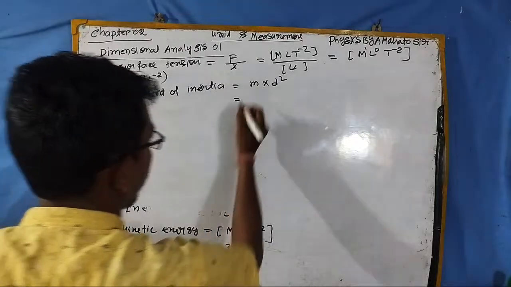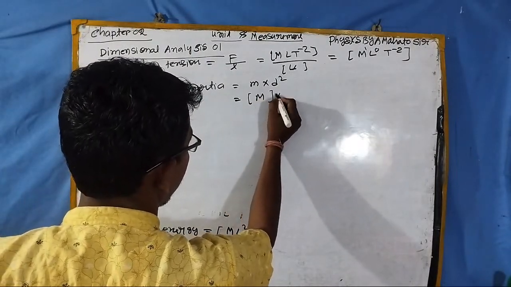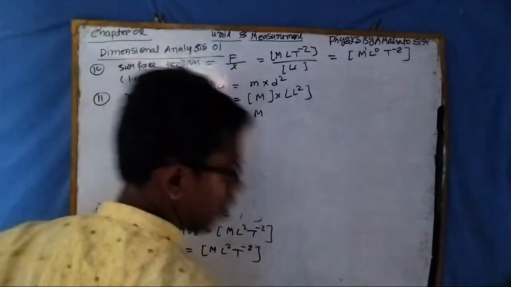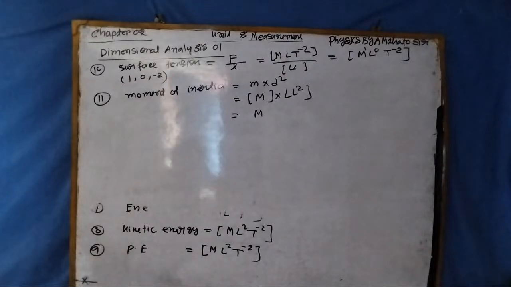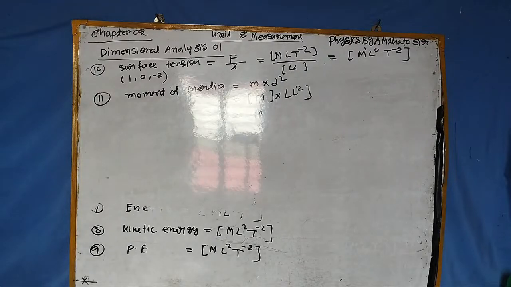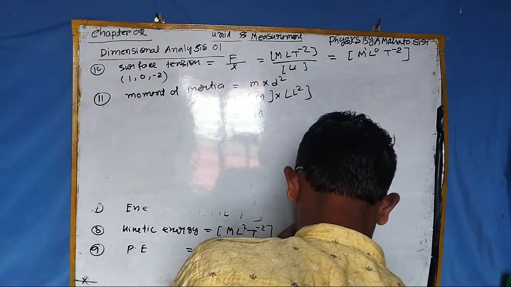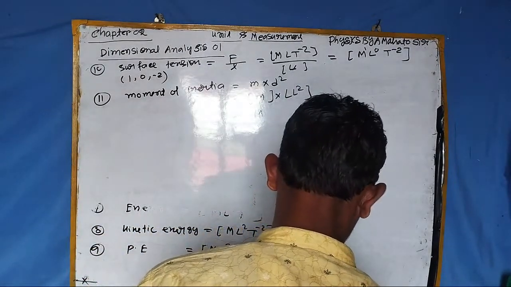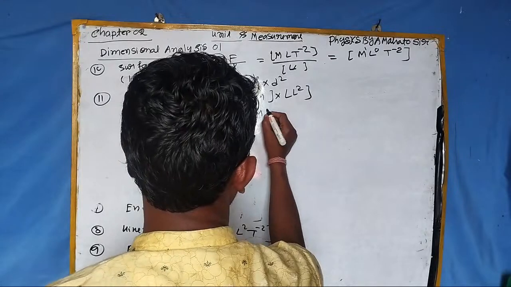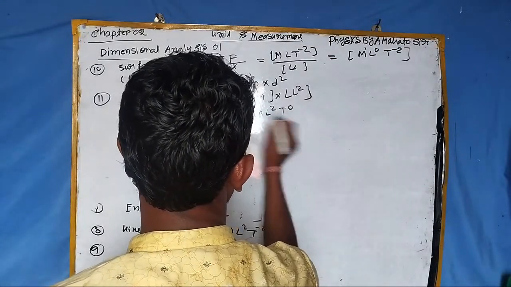So mass is m, distance is L square. So the dimension is M L square T0.